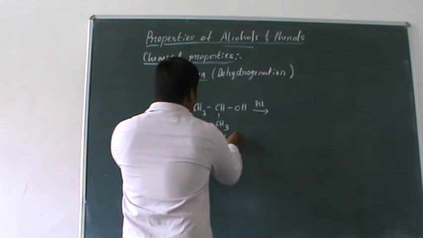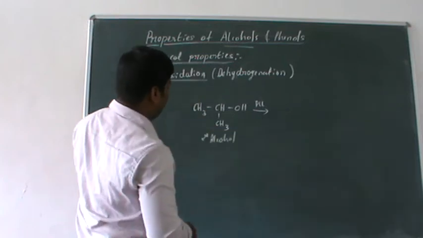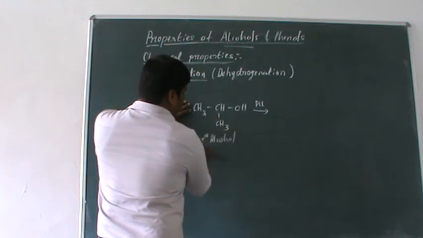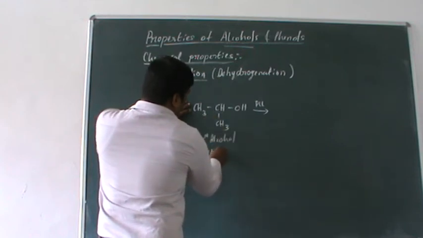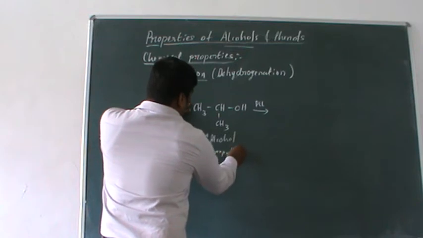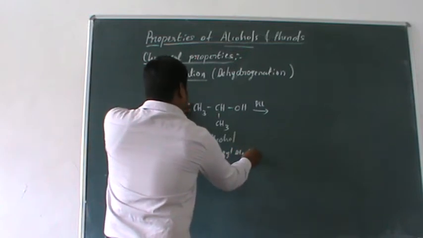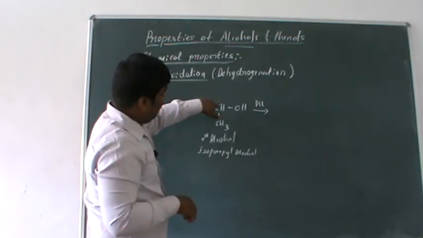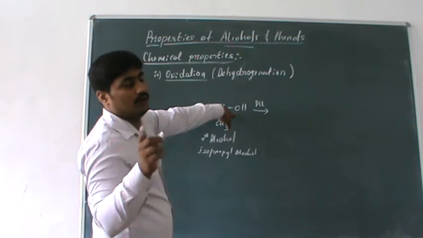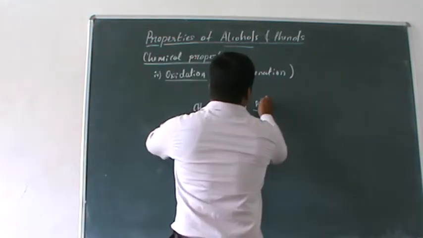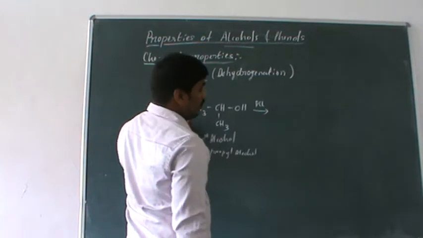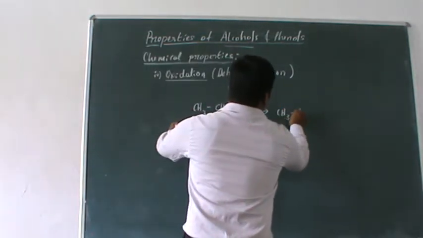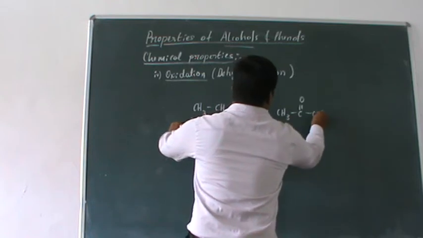What is the name of this secondary alcohol? Consider an example, secondary alcohol CH3 CHOH CH3. It is isopropyl alcohol, or what is the IUPAC name? Propan-2-ol, subjected to oxidation with the help of PCC, then it produces the corresponding product.